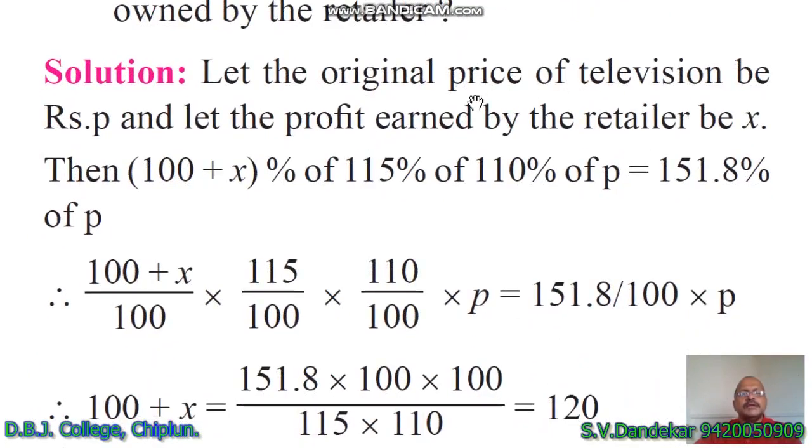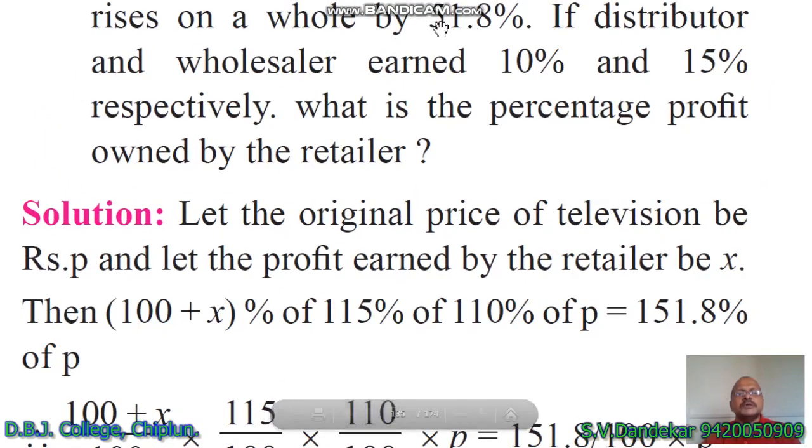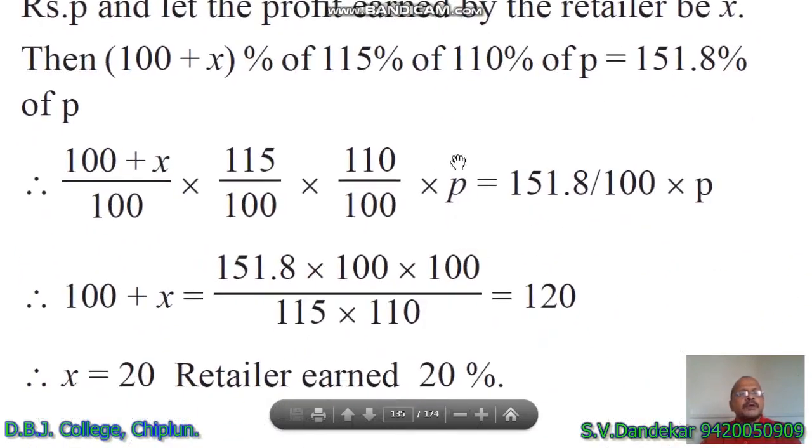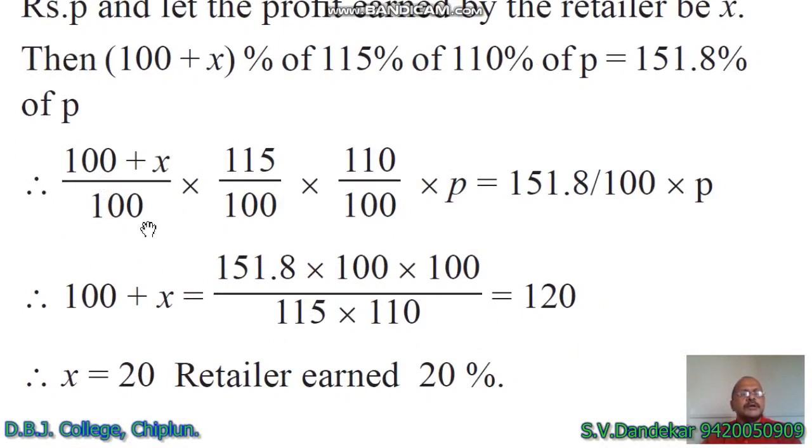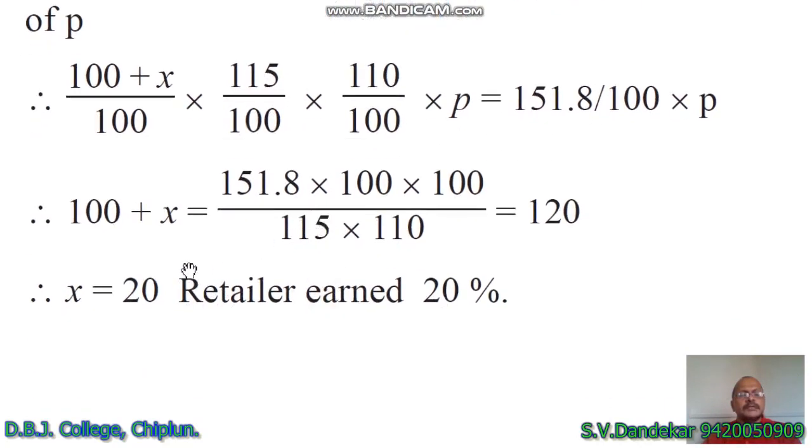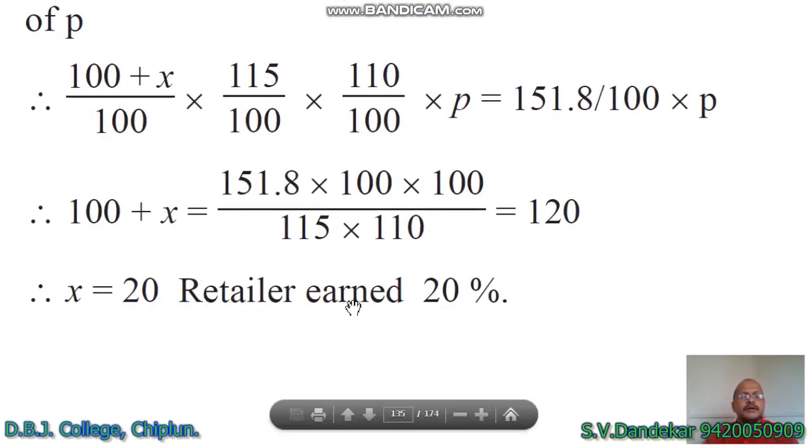Let the original price of the television be rupees P and let the profit earned by the retailer be X. Then 100 plus X percent of 115% of 110% of P is 151.8%, because the total gain is 51.8%, and therefore 100 plus x upon 100 into 115 upon 100 into 110 upon 100 into P is equal to 151.8 upon 100 into P. Now calculating this, we get the answer equal to 20, and therefore the retailer earned 20%.